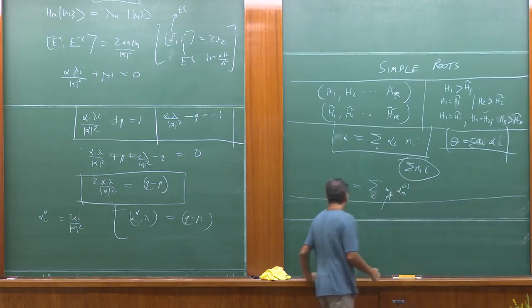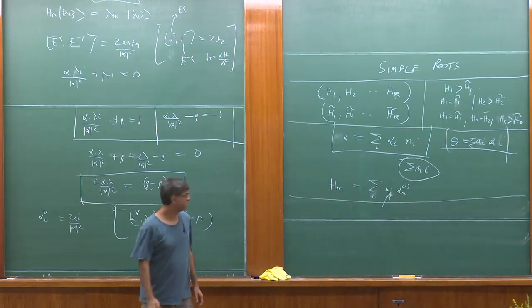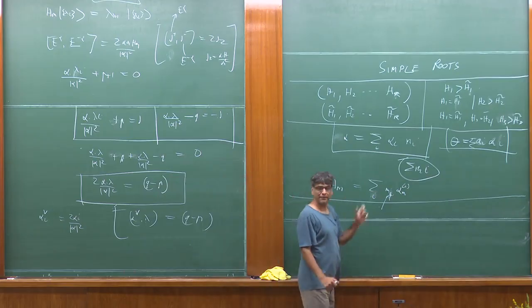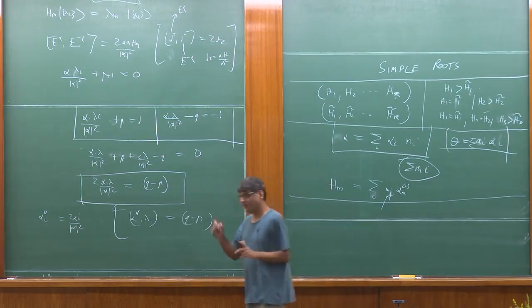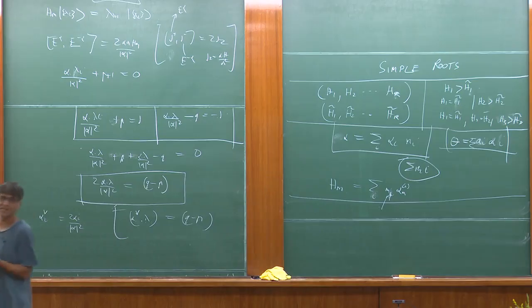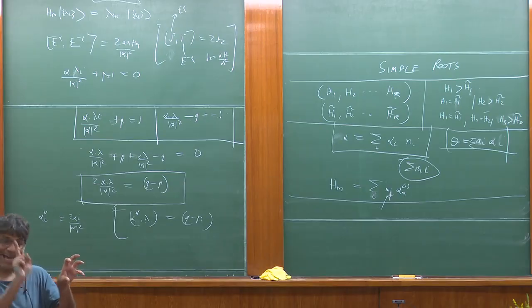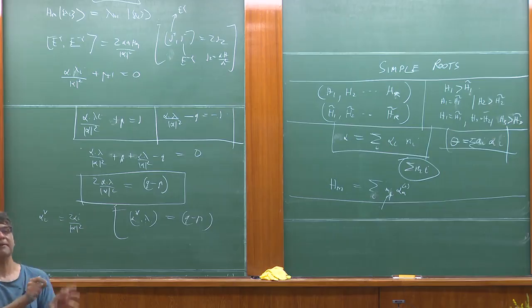I couldn't understand this. We've chosen our basis vectors, these are the simple roots. Now, any root can be written as an integer linear combination of these basis vectors. Whatever these integers are, for the ith simple root, we call that m_i, and we sum m_i, i from 1 to r.